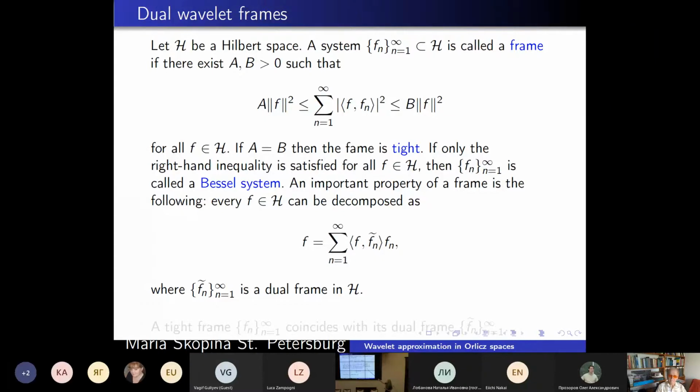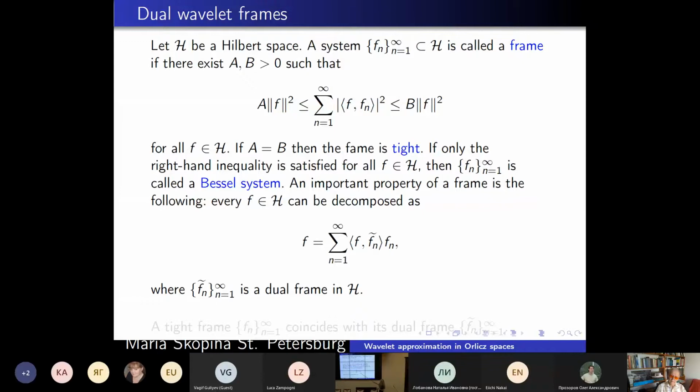For the case of a tight frame, this is a generalization of an orthonormal basis, and in general, a generalization of a biorthogonal basis.